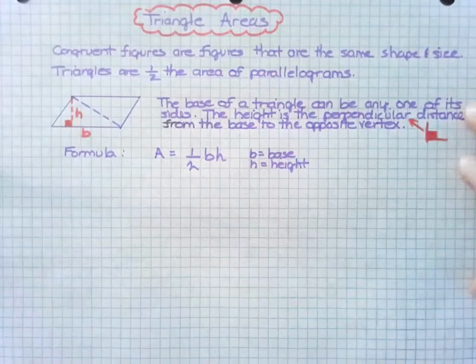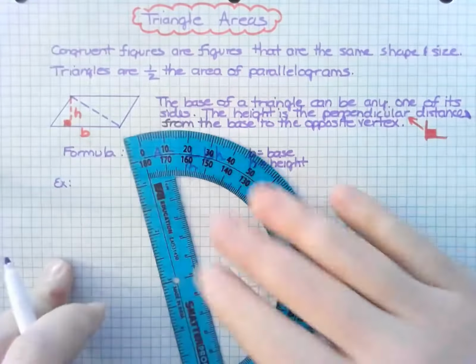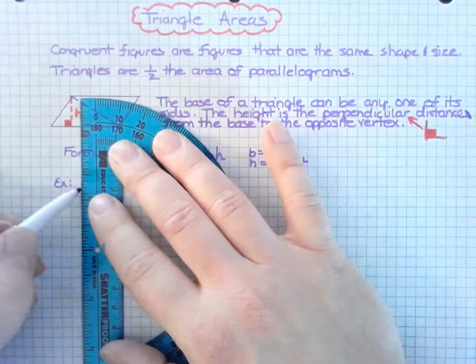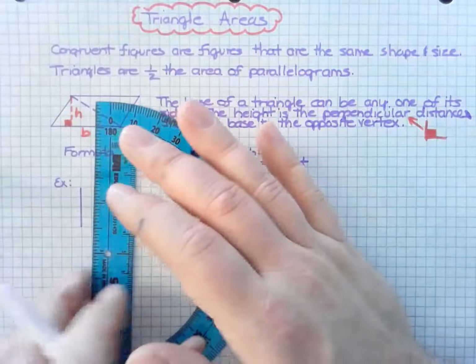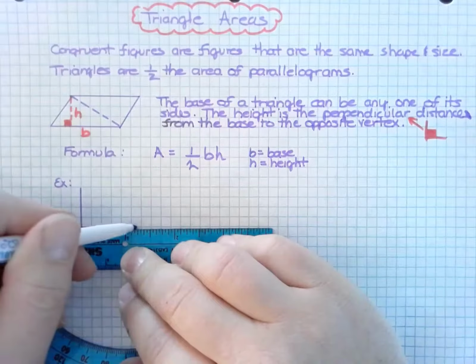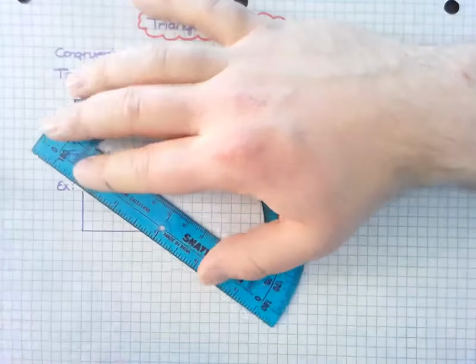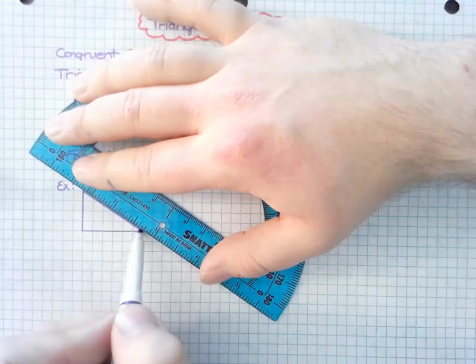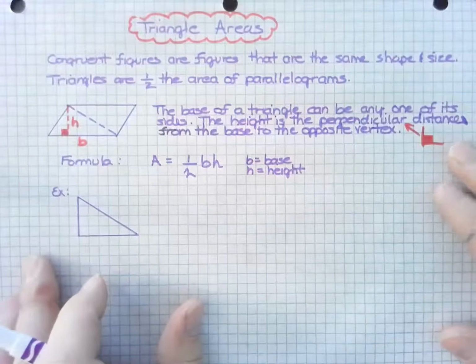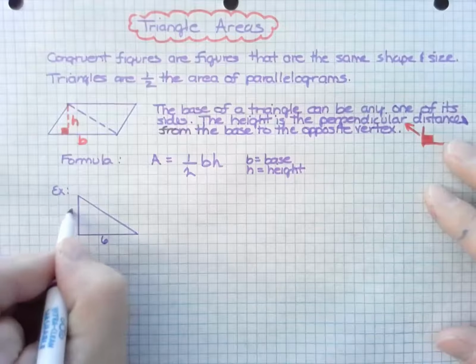So let's look at an example. I'm given a triangle, and this happens to be drawn to scale, with a base of 6 and a height of 4.